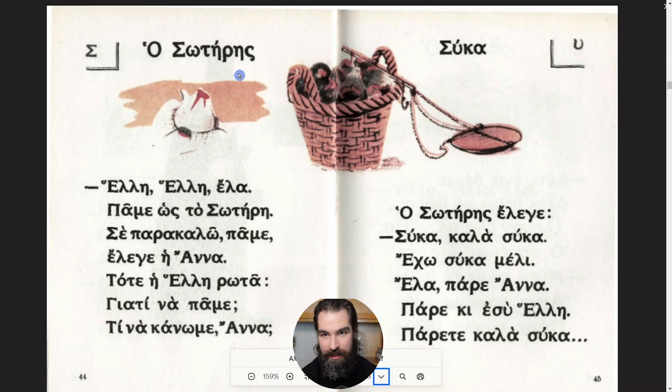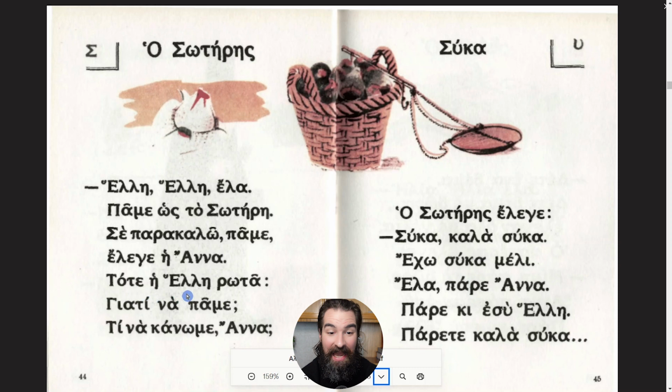Ο Σωτήρης, a boy's name. Έλλη, έλα, πάμε ως το Σωτήρι. Σε παρακαλώ, πάμε, έλεγε η Άννα.